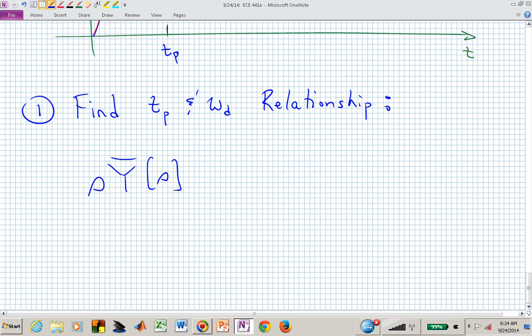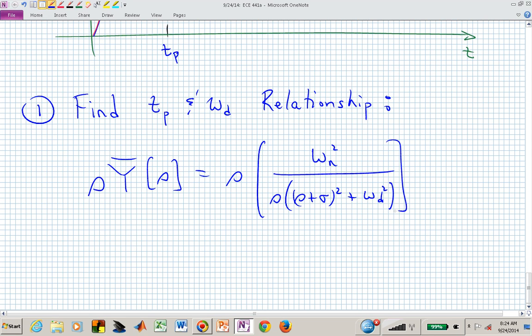That's like multiplying by s, capital Y bar. We have an s, and then we had our expression for y bar.